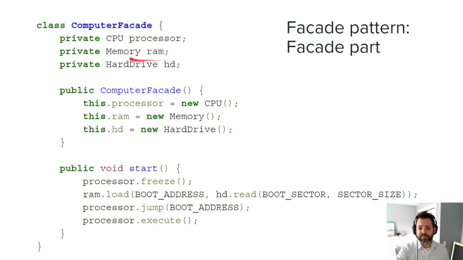So here's the facade aspect of the CPU, right? We're again simulating a computer. So we don't want the user to have to worry about instantiating the processor, instantiating the RAM, instantiating the hard drive. All they care about is calling start, right? So we're going to have a public constructor for creating this thing. Internally, we're going to create all the separate subsystems, so we are going to have access to them.